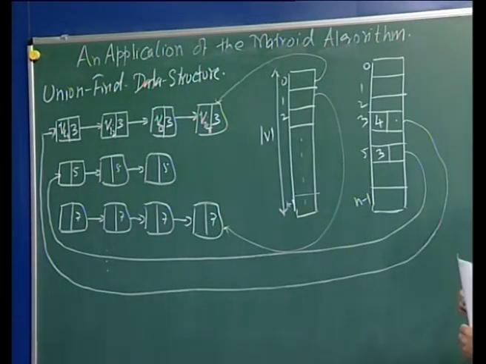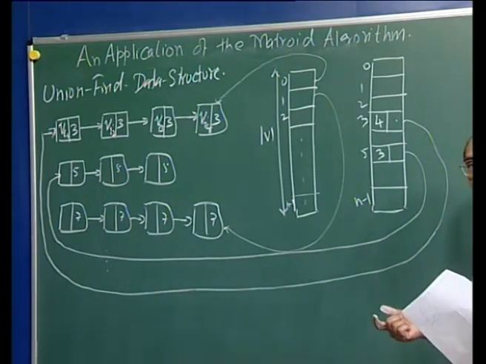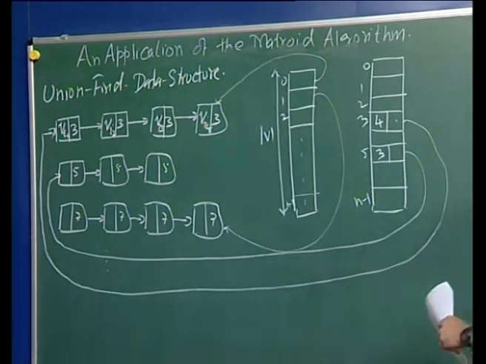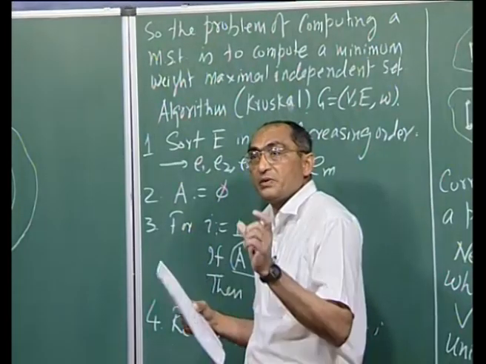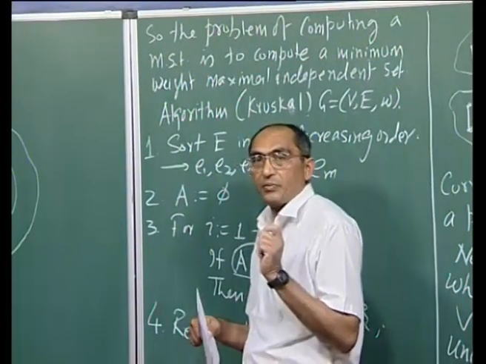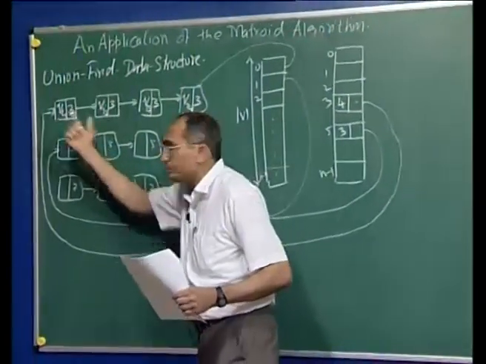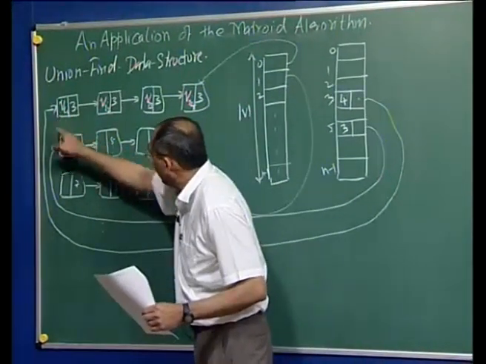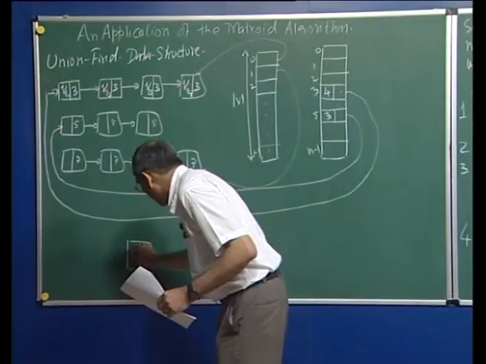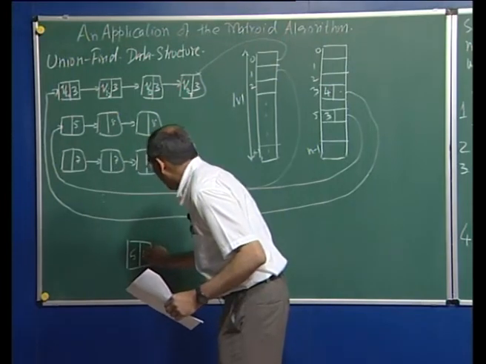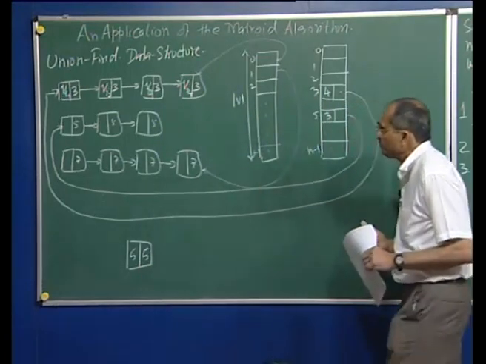So, initially what will happen is that all the vertices, because initially we have empty A, each individual vertex will form a connected component, there are no edges inside it. Each linked list will contain only one element. If the element is, say, 5, then its set number is also 5, we will keep the same number.